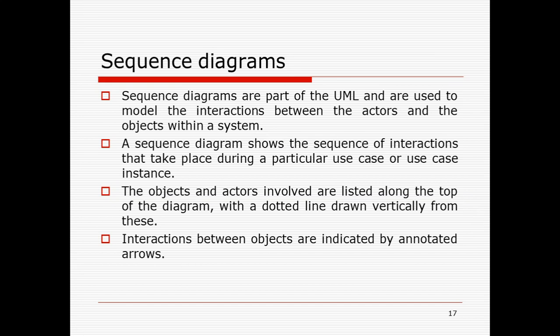Sequence diagram, as we have discussed earlier, is basically used for showing the interactions between the actors or the outside entities with the system or among the modules within the system. So a sequence diagram shows the sequence of interactions that take place during a particular use case or use case instances.